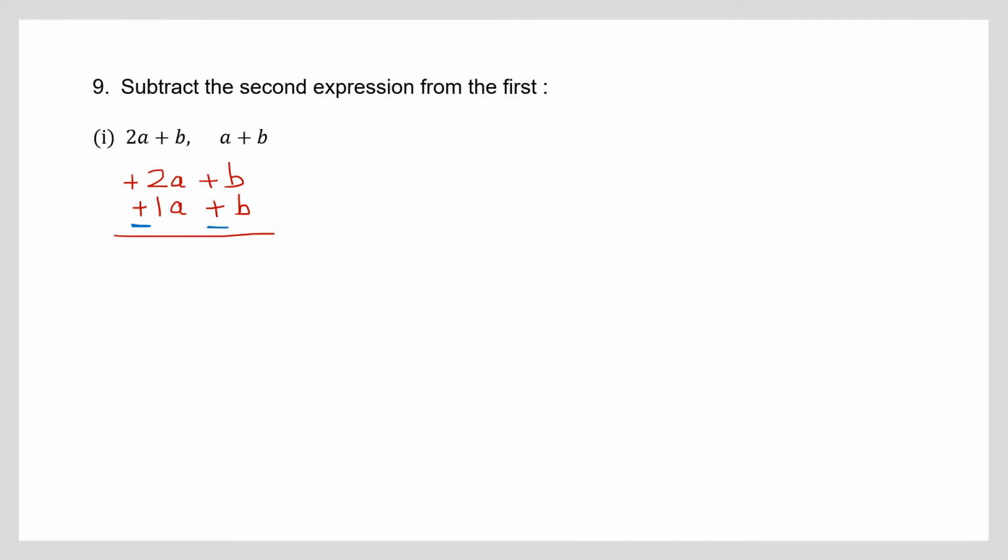Here also plus will become minus. Now let me work out the sum. Okay, so here I have plus 2a minus 1a. So that is plus 2 minus 1a. Then signs are different. Put the sign of the bigger number, 1a. So I've got plus 1a.